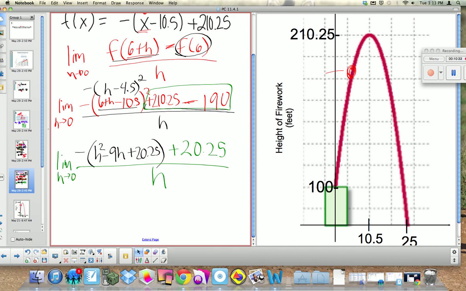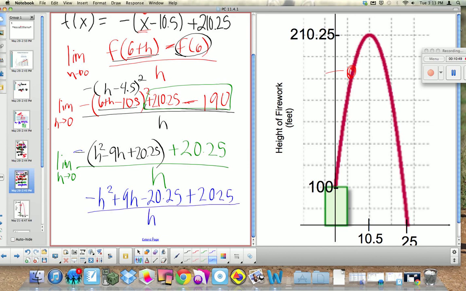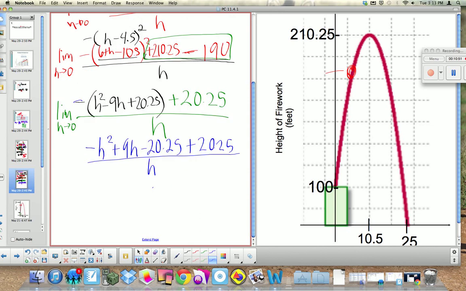Now we'll simplify the top a little bit further. So minus, that would mean everything gets flipped. So negative h squared, positive 9h, negative 20.25, plus 20.25. Notice those things are going to cancel, all over h. So these two things are gone.